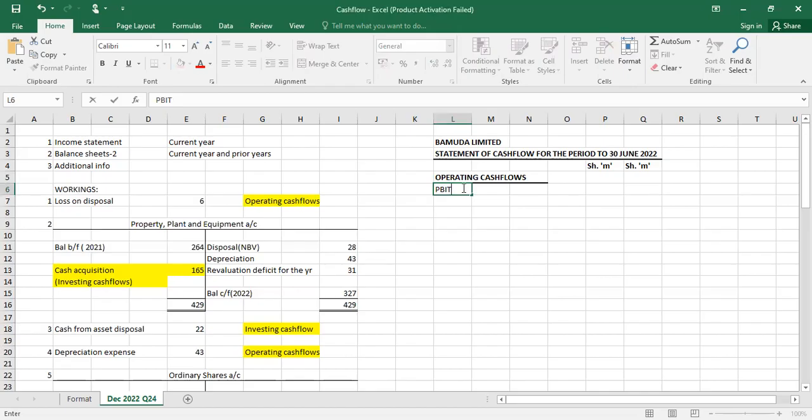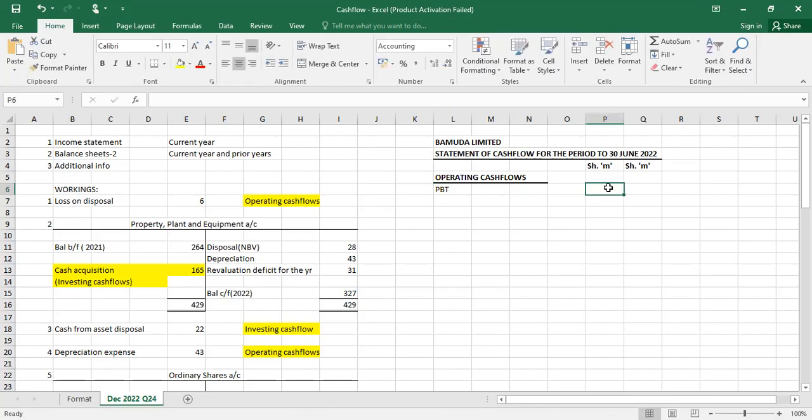So you normally minus interest as one of the expenses to get the profit before tax. So the only profit we have in our P&L is the profit before taxation, which is after interest. So start with the profit before taxation. We shall then proceed to adjust for the interest thereafter to make it a profit before interest and taxation.